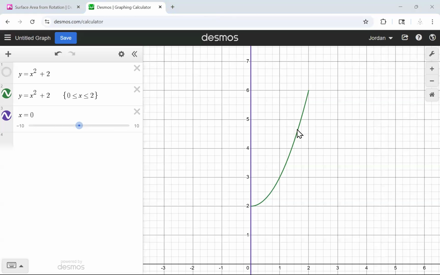The big insight that allows me to integrate with respect to x is to realize that if I draw my radius this way, and I'm integrating with respect to x, then this right-hand side is simply an arbitrary x value somewhere between 0 and 2. And the left-hand side is always 0 in terms of what x is, because that's the vertical line, x equals 0.